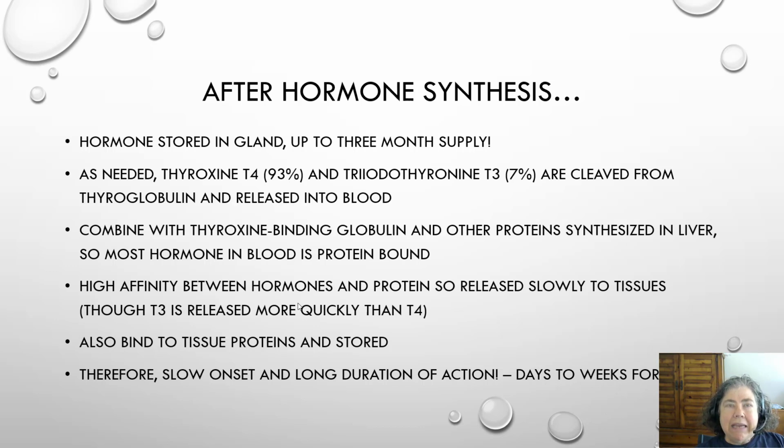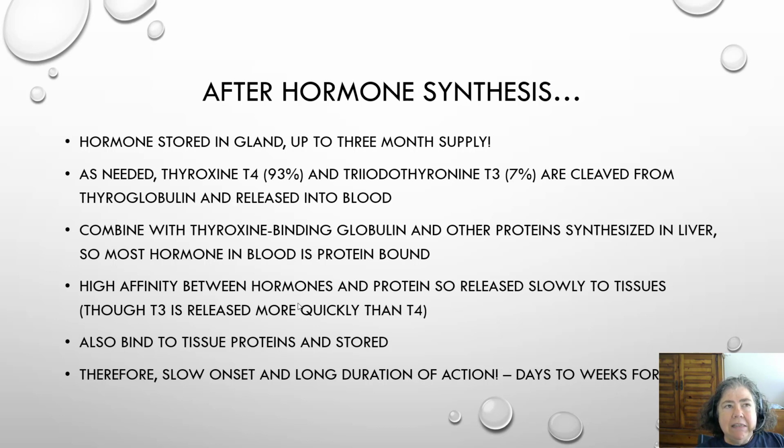This binding, while it's reversible, is pretty high affinity. So the hormone that's circulating is relatively slowly released to the tissues. T3 binds less avidly and is more quickly released than T4. And then the T3 and T4 can be bound within the cell to proteins within the cell and further stored.